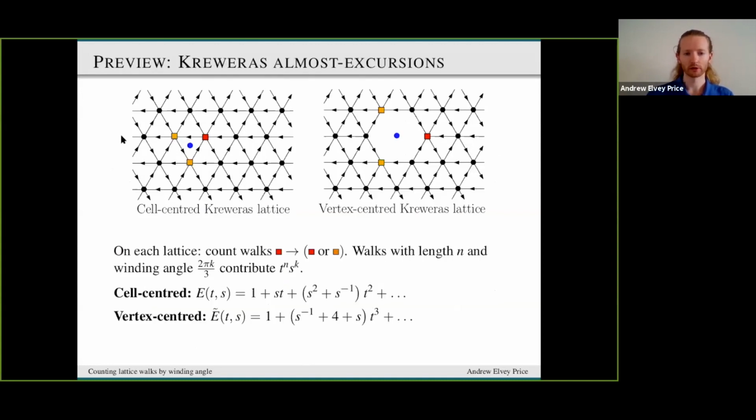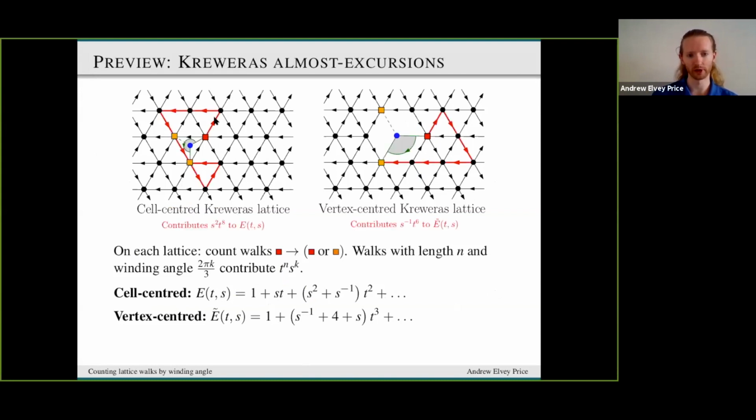Okay, I'll start with a preview where I give a very specific version of the results. In this more specific problem, we're counting walks starting at the red square and ending at any one of these 3 orange squares, by length and winding angle around the blue point.